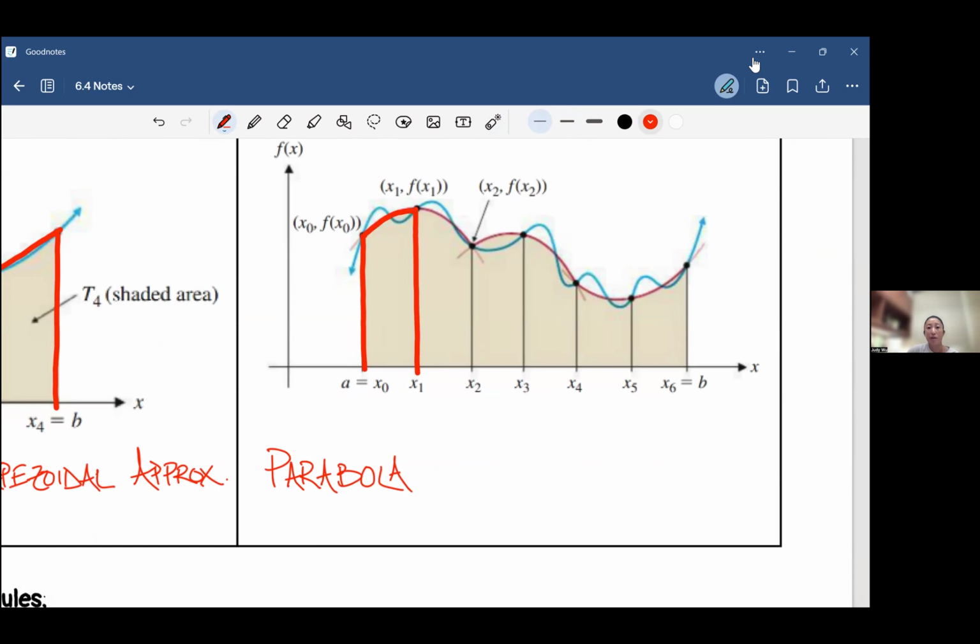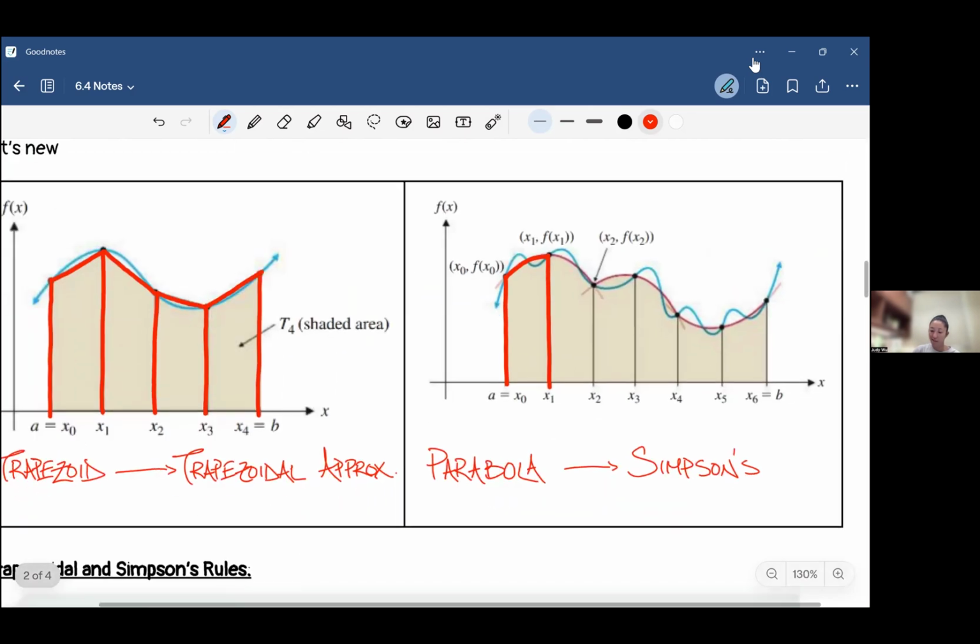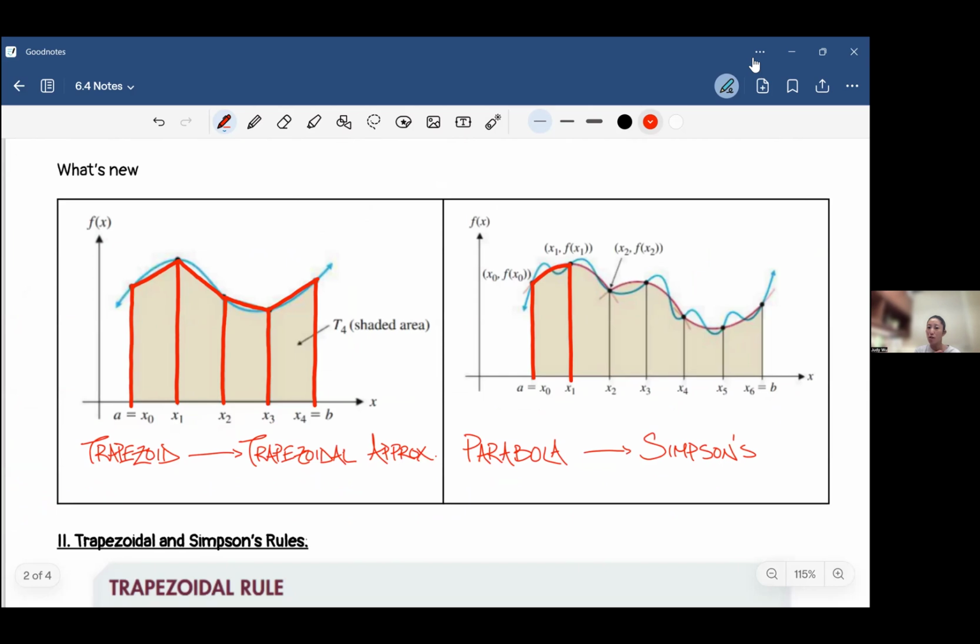So instead of using straight lines, now we're saying, well, what's the nicest curved shape we know? A parabola. And that is what we call Simpson's rule. Okay. So Simpson is the guy who's like, well, let's just use some curves and see if we can't get a better approximation. Everyone else was like, let's just use straight lines because those are maybe easier to work with.